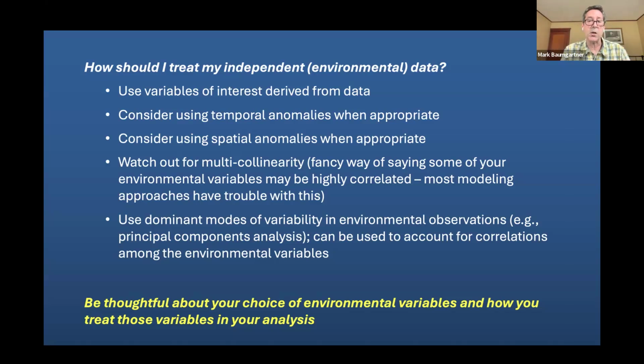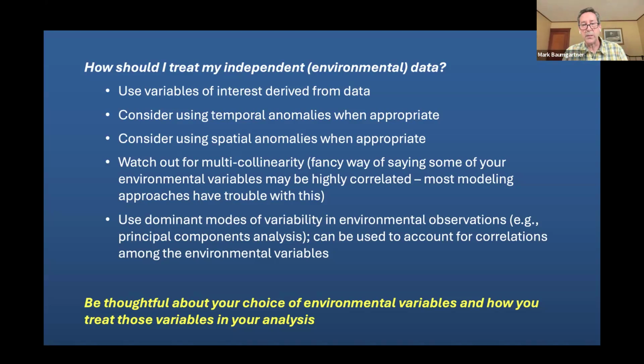You're assured that multicollinearity is gone from your environmental data if you use those principal components. But you may or may not be taking a step away from interpretability. So it's something to be aware of as a tool. In some cases, it can be a very, very useful tool.